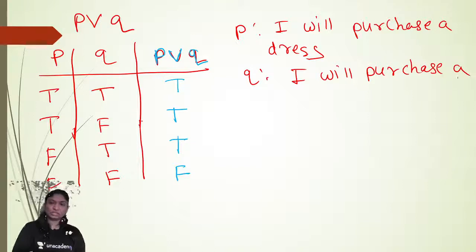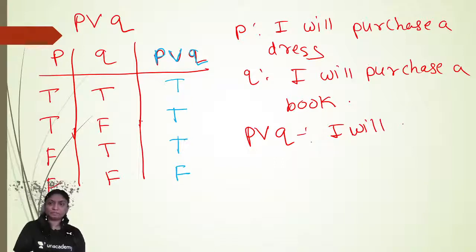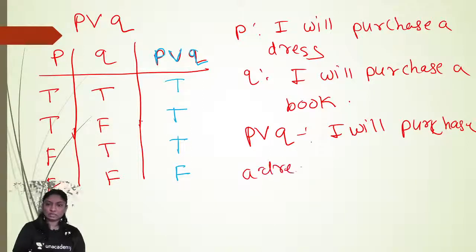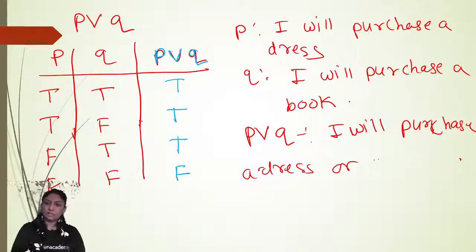Then P or Q is the statement, I will purchase a dress or a book.